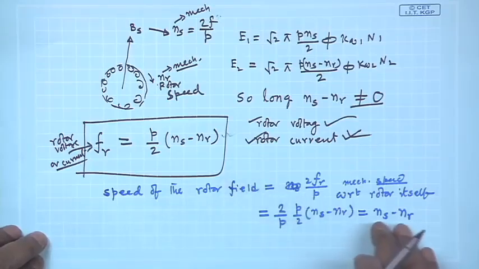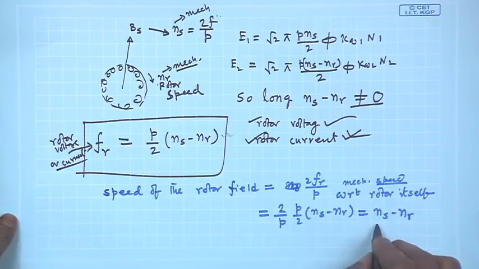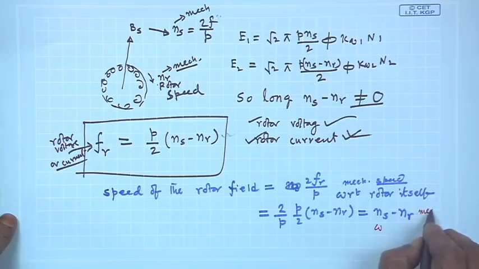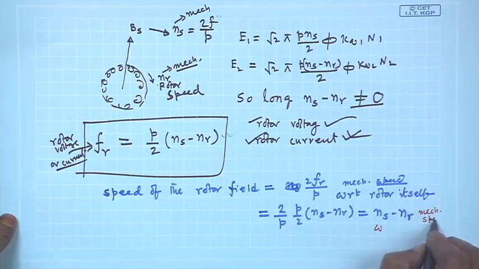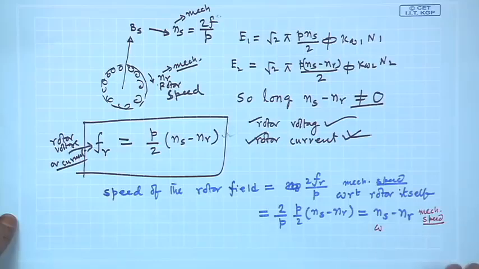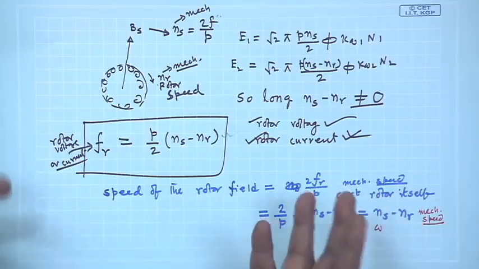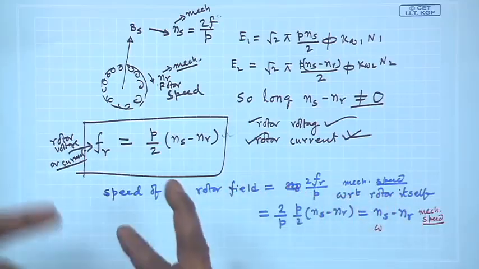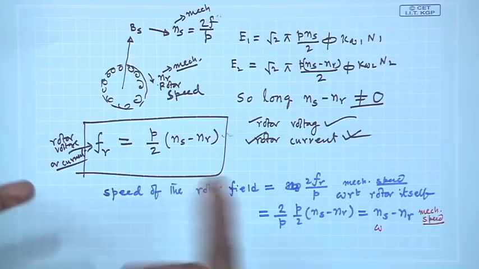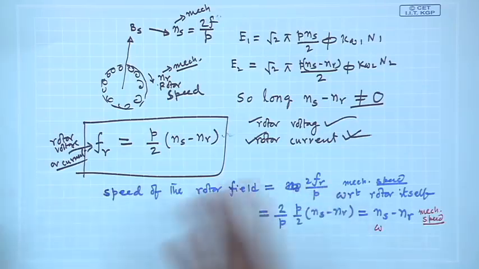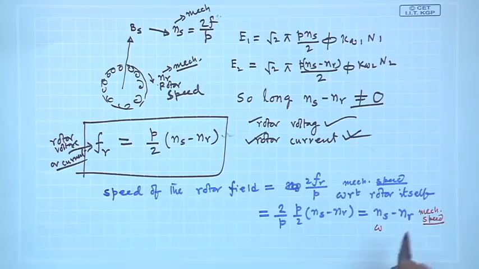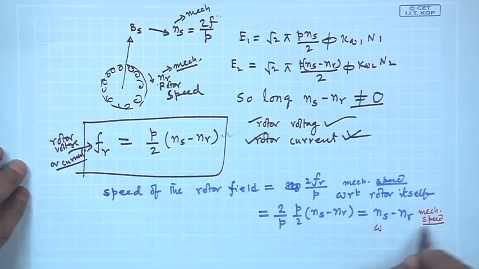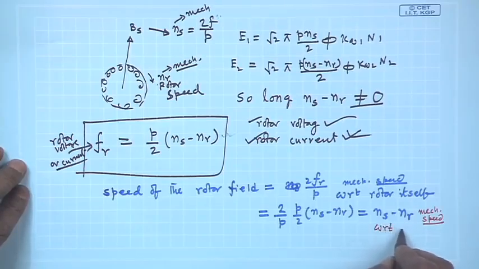So, this is Ns minus Nr, and do not forget to write that this is mechanical speed. Either remain in electrical or mechanical; do not get mixed up, one electrical speed with another mechanical. I am always remaining in mechanical speed. So, this is Ns minus Nr mechanical speed, and with respect to the rotor.